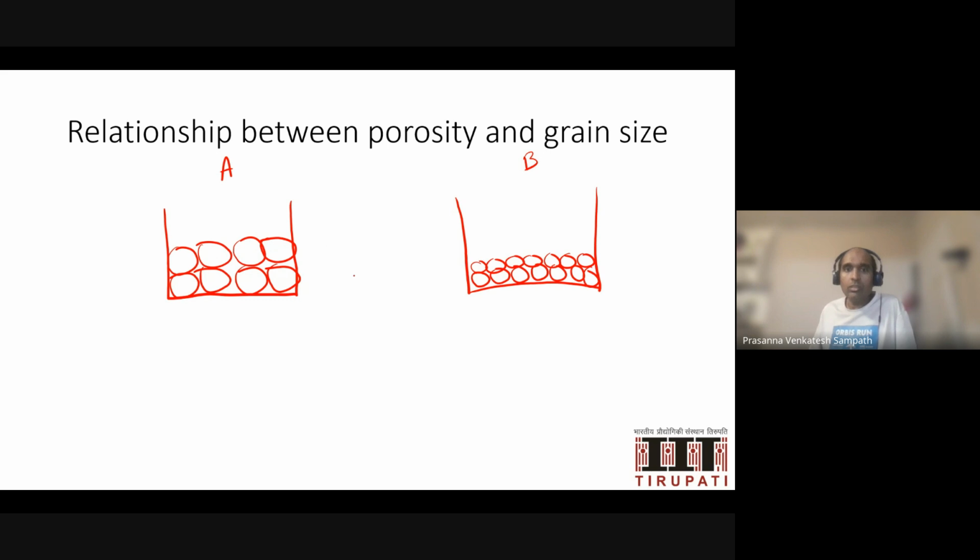Now the question is, there's the porosity of beaker A, Na, and the porosity of B. Is Na greater than Nb, or Na less than Nb, or Na equal to Nb? Let's call these option 1, option 2, option 3.